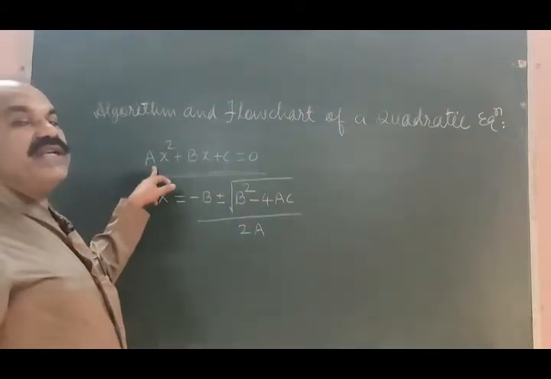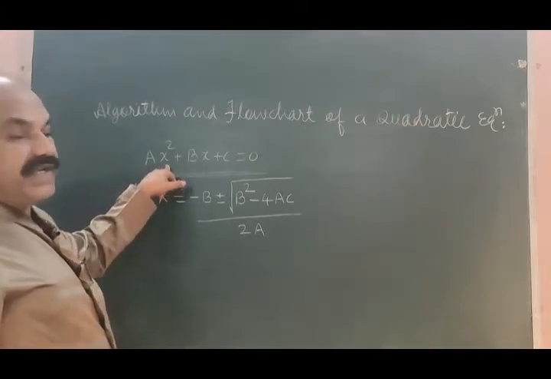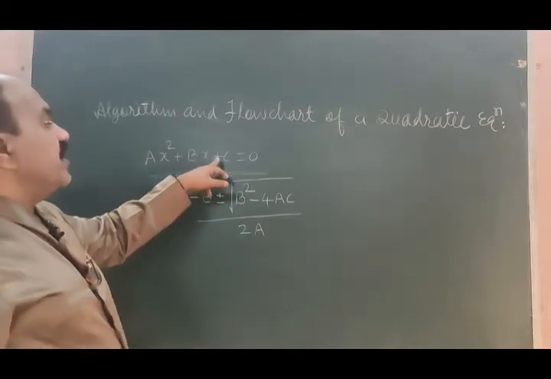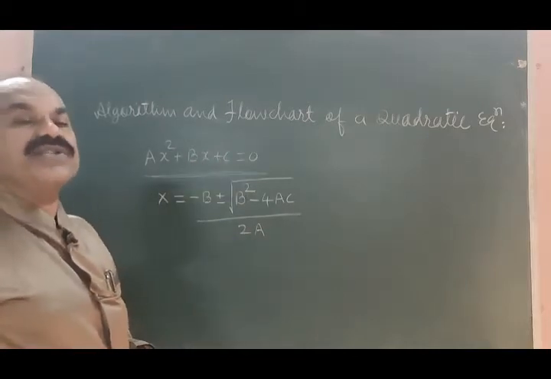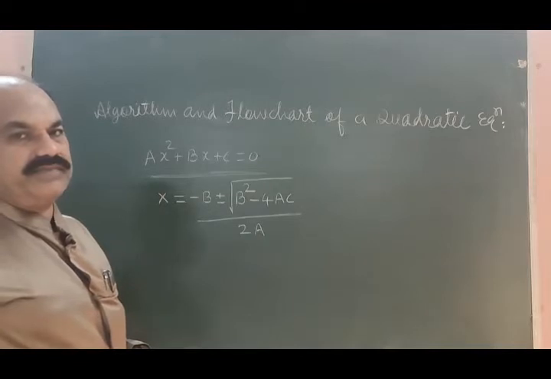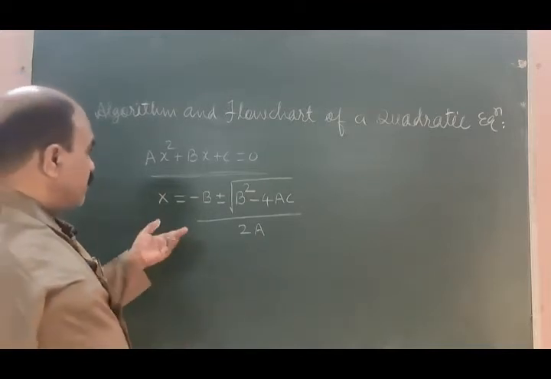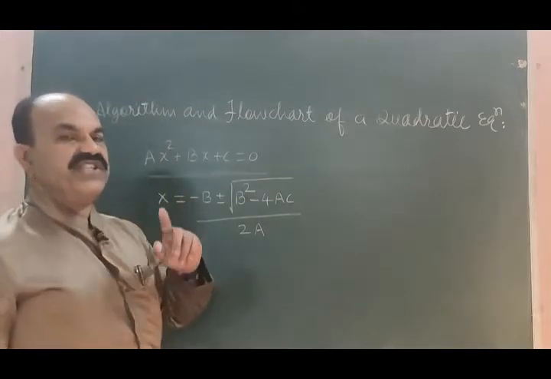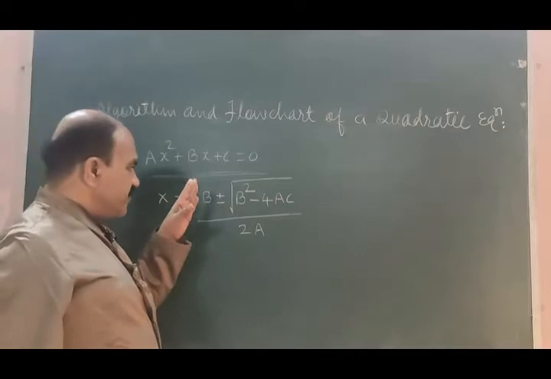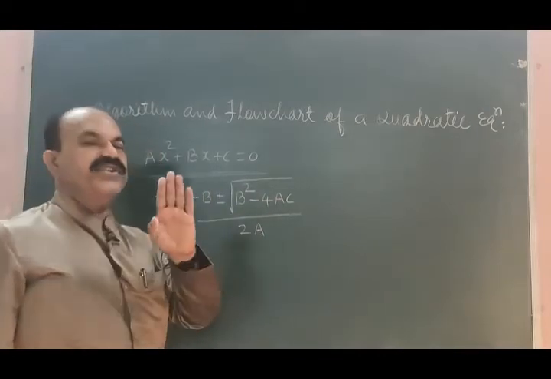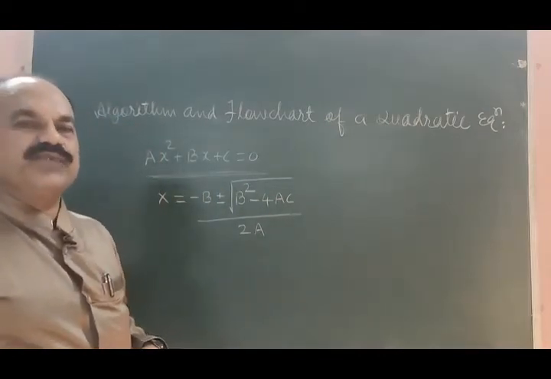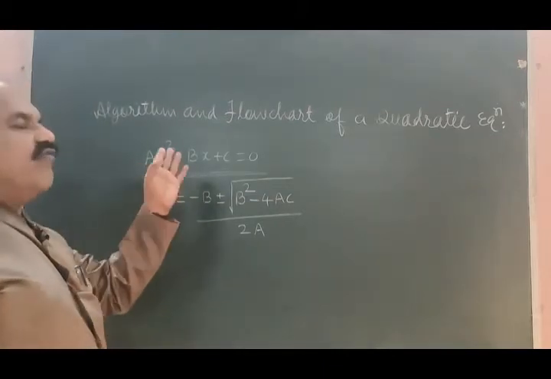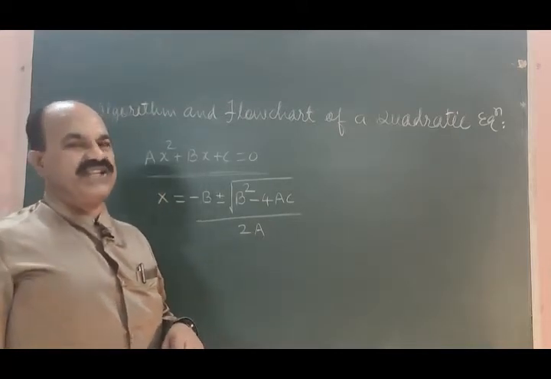A is known as coefficient of x square, b is known as coefficient of x, c is a constant. Once we know values of these coefficients a, b and c, put these values here, here, here and here, do calculation, and after that we will have value of the root x.